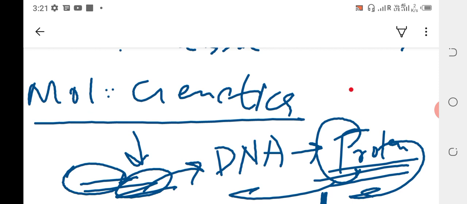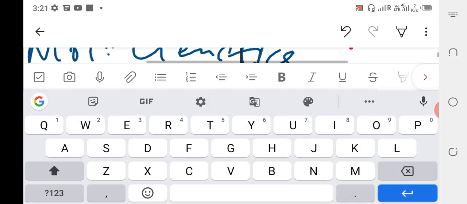The question is: is the current generated within the wire, or the wire generated by the current? So there is probably a misunderstanding that DNA is always the mode of information.